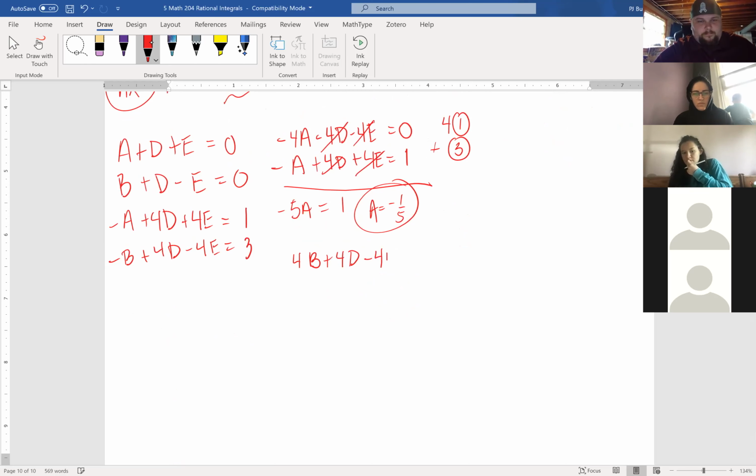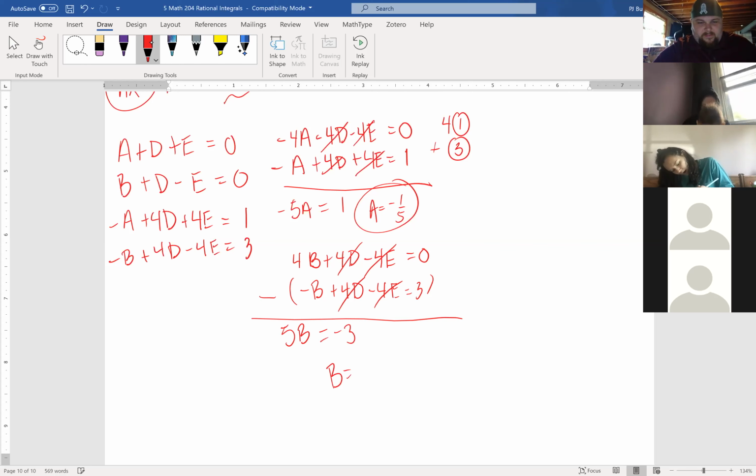Negative 4e minus a negative 4e would cancel. And 0 minus 3 is minus 3. Giving me b is -3/5.